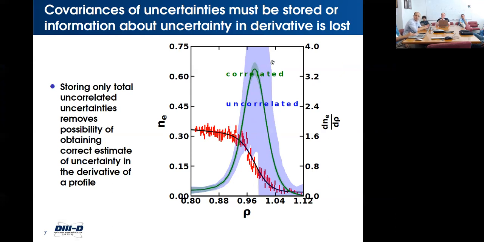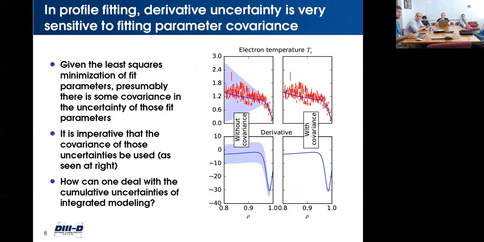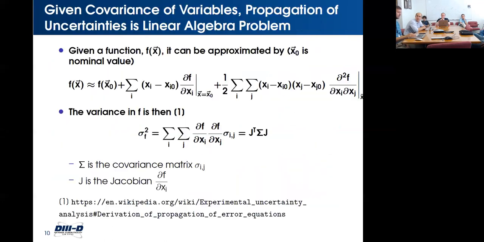Whereas if you do not track those correlations between the parameters, then you get a larger error bar, shown in blue, for the derivative. And this is just taking a standard finite difference derivative on your profile.